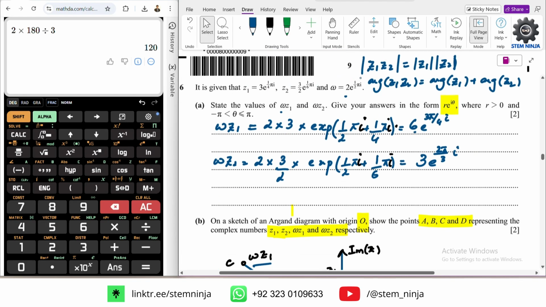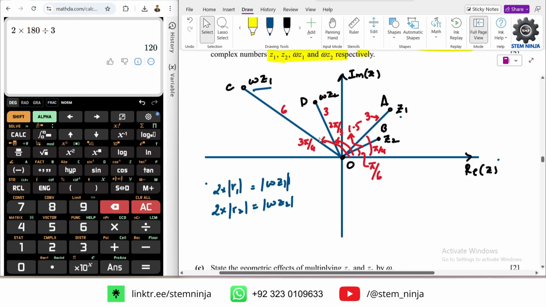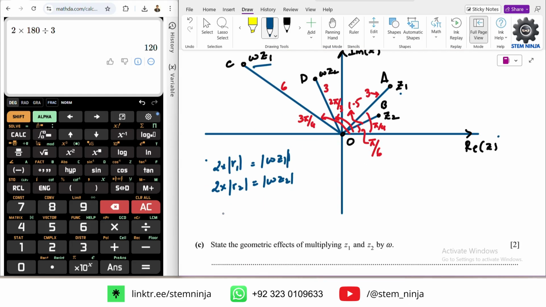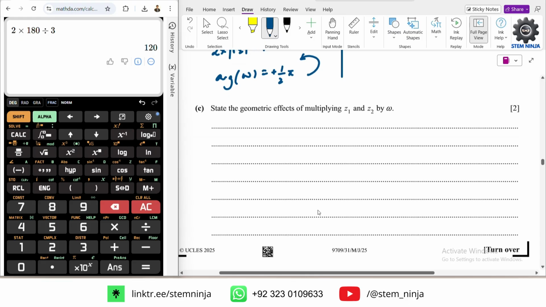So the arguments, remember, are added. You see we had half pi added when done. So half pi is added. This means that this is a rotation. So basically the argument of omega is added, plus half pi. So basically this is in this direction. So rotation by pi by 2 radians. So that's all we have to write.